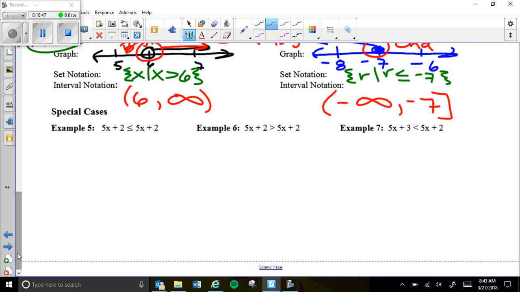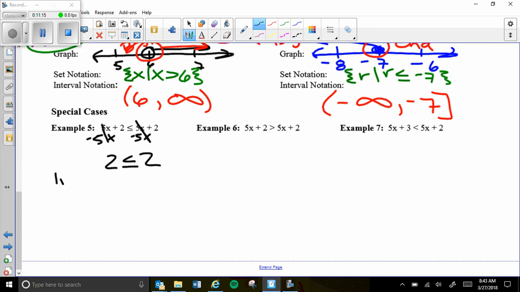We do have a few special cases to talk about. So if we solve these problems, again, we move our variables to the left, so subtract 5x from both sides, but what happens? 5x minus 5x, those go away too, right? So what's left? 2 is less than or equal to 2. Is that a true statement?